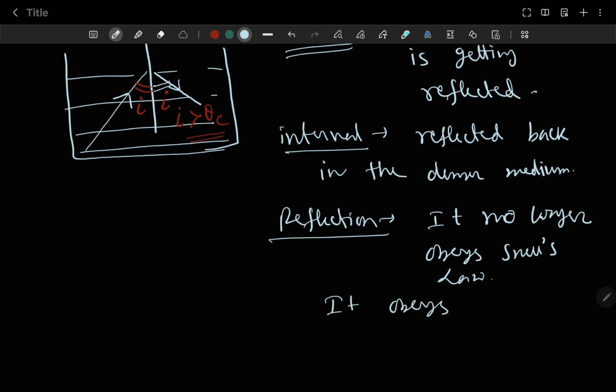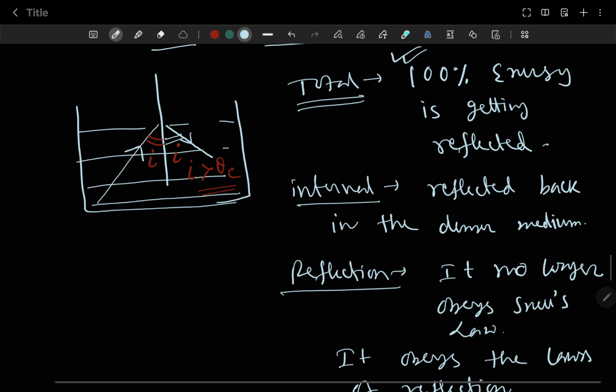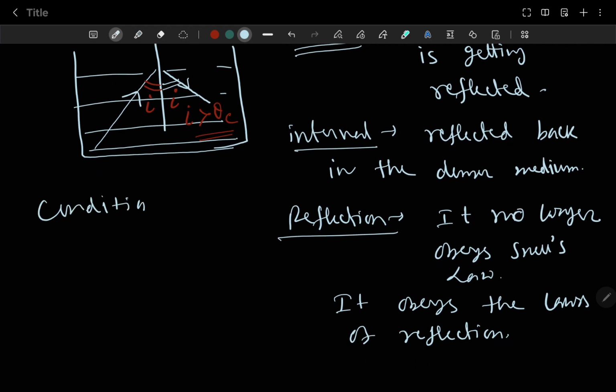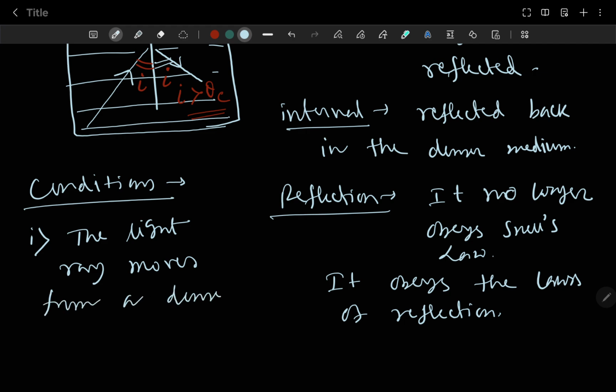The angle of incidence is equal to the angle of reflection. So in order to make total internal reflection occur, number 1, the light ray must move from a denser to a rarer medium, towards the rarer medium.